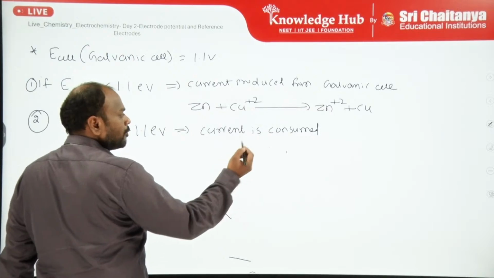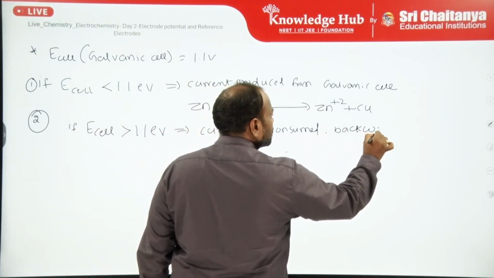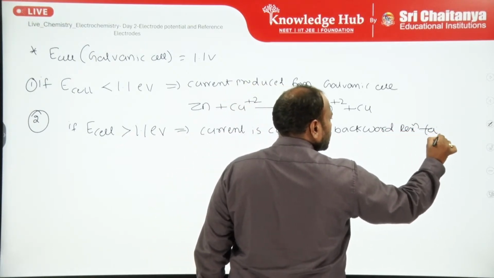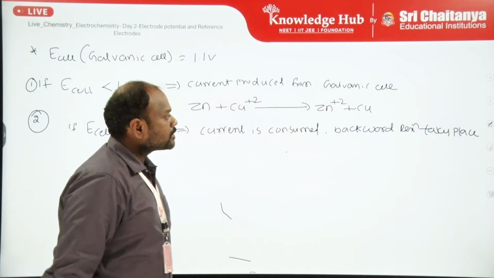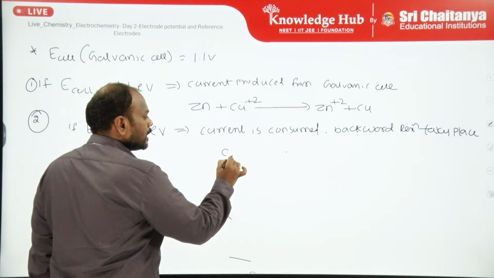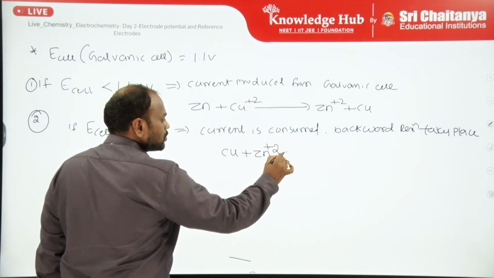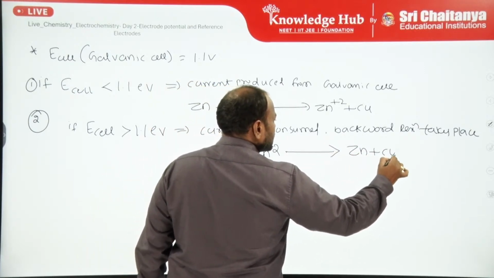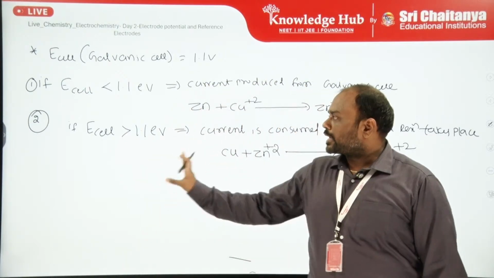So what happened? The backward reaction takes place, because this is non-spontaneous, so that's why the reverse reaction. What's the reverse reaction? Cu plus Zn2+ gives rise to Zn plus Cu2+. This is the second condition.